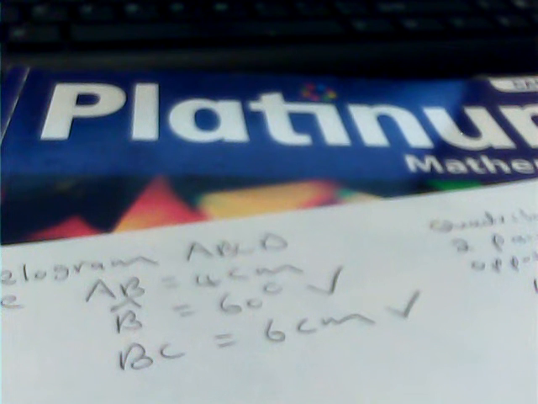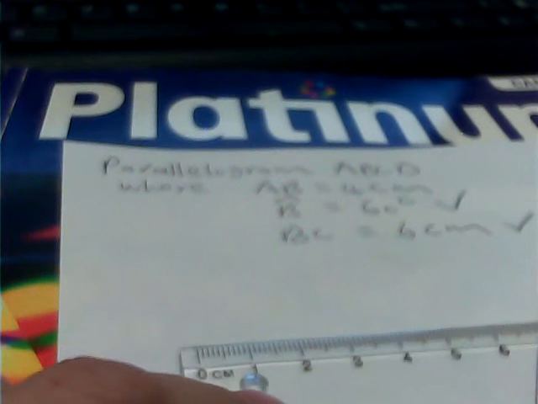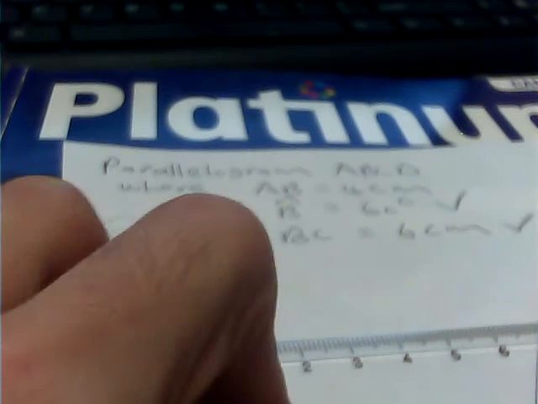So next up we need to construct AB as 4 cm. I will mark off 4 cm on my ruler. That is the width of the compass.